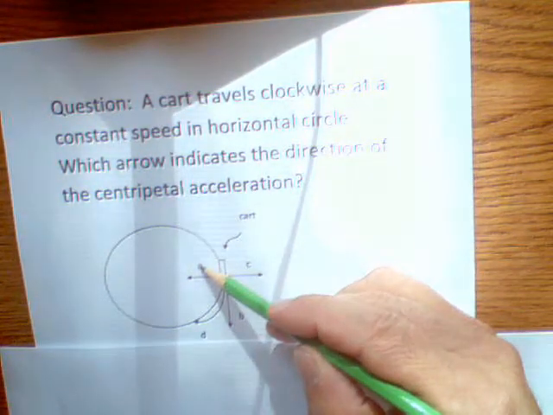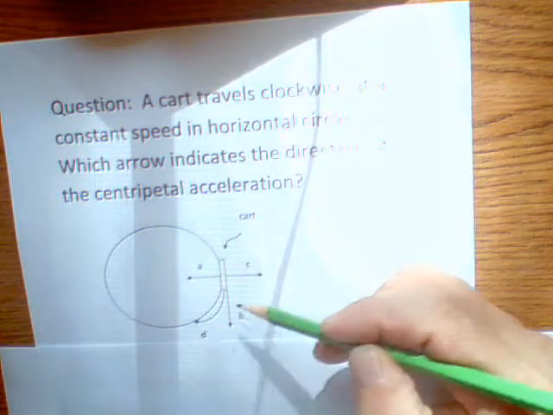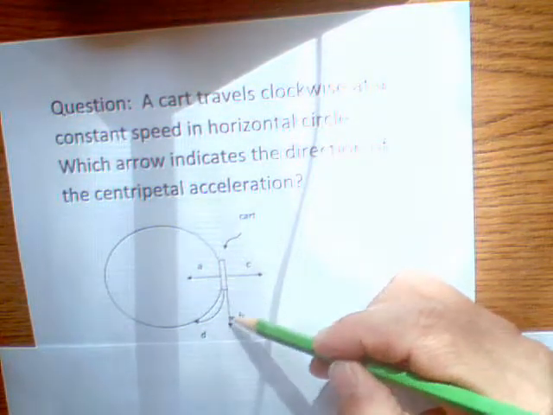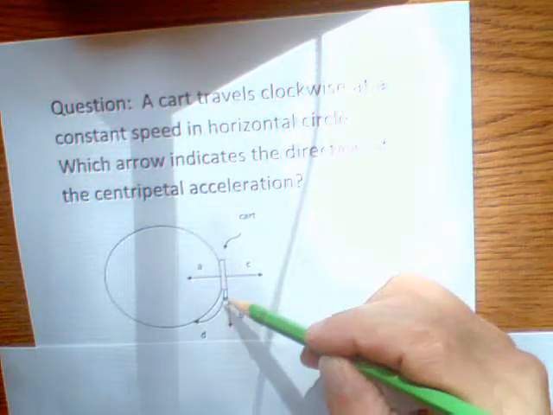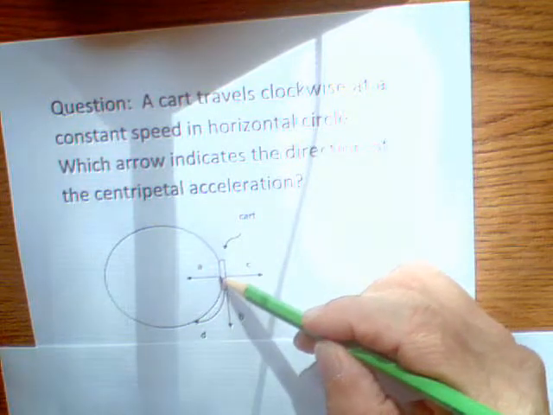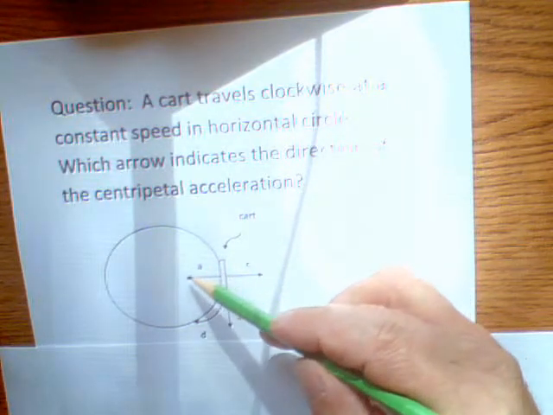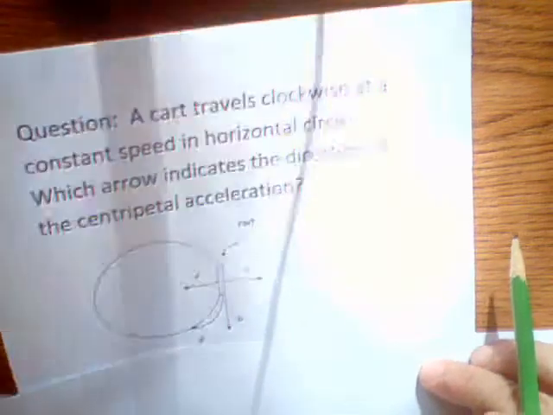Here's A, and this is B, this is C, and this is D. Would this vector be the acceleration, this one, or A? Certainly it would be A, because as I just showed you, the centripetal acceleration by definition is center-seeking, towards the center of the circle.